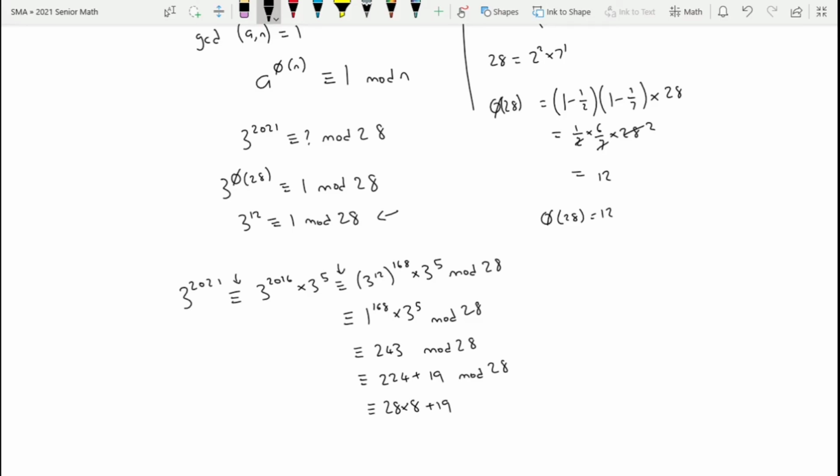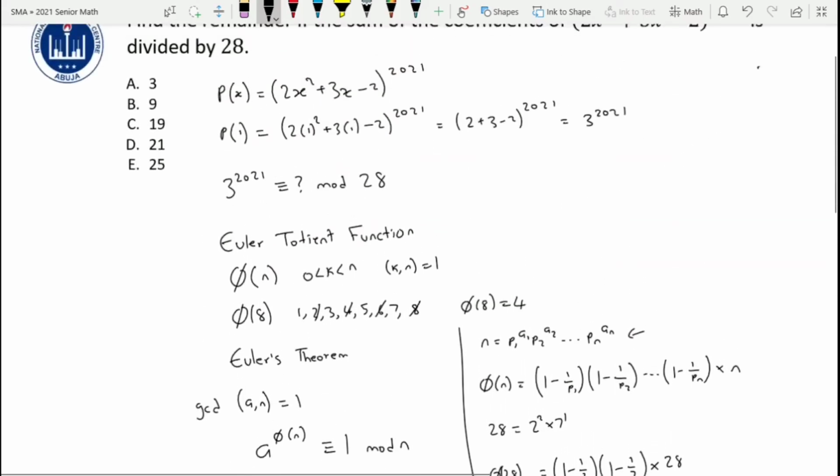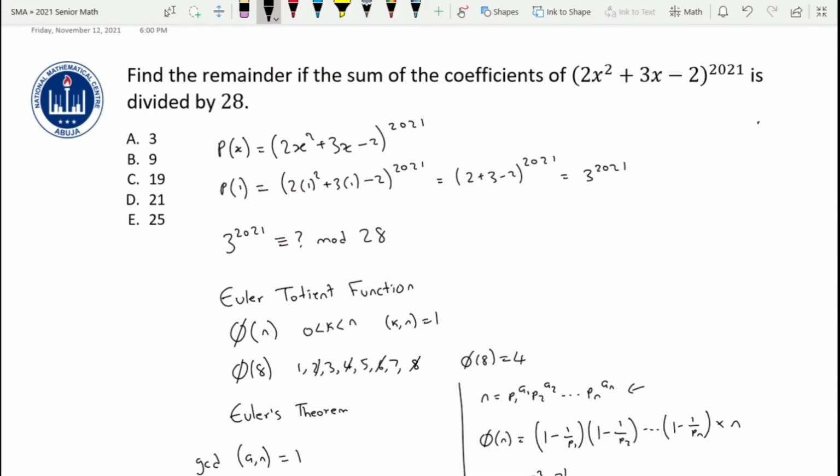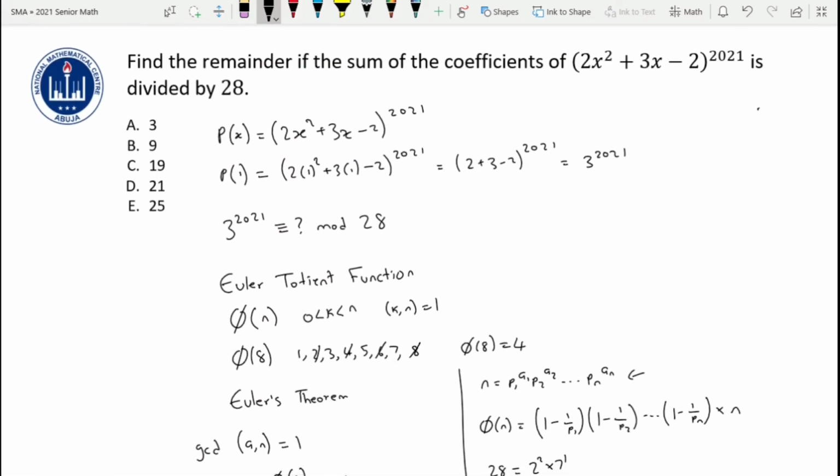So this is congruent to 19 mod 28. And so 19 is going to be the remainder if we divide the sum of the coefficients of (2x² + 3x − 2) raised to the power 2021 by 28, and option C is the correct answer.